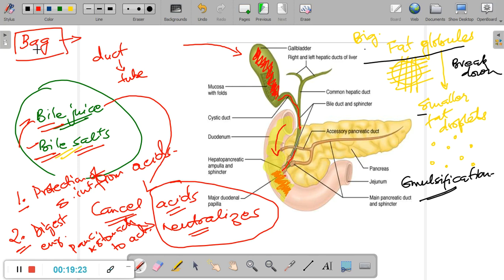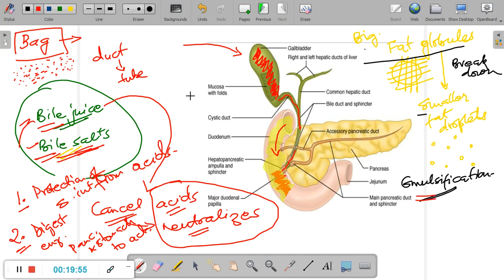Because it is not manageable. You cannot put the entire bag-sized candy into your mouth at once and chew it. But if I break it down into thousands of small tiny candies, won't it be easier for you to chew them and suck them, right? So that is the same logic here. The big fat globules are broken down into small fat droplets by the bile salts, and this process is called emulsification.